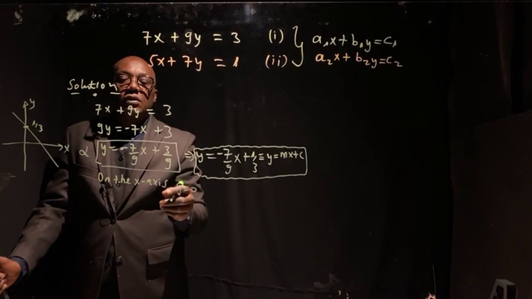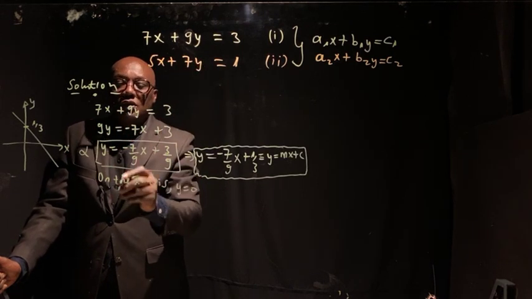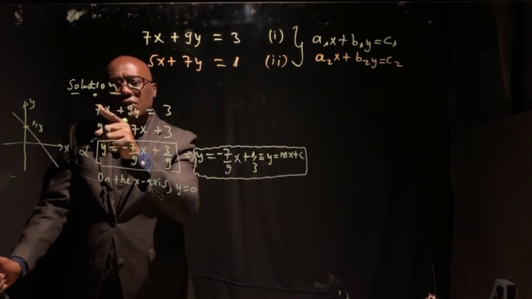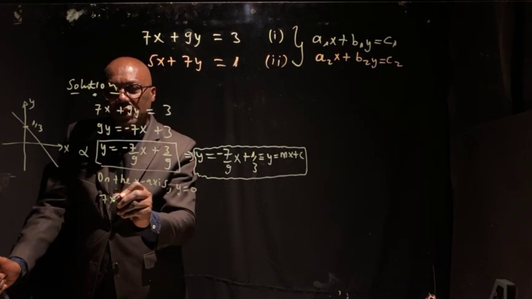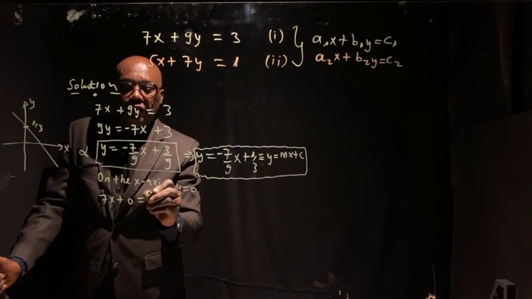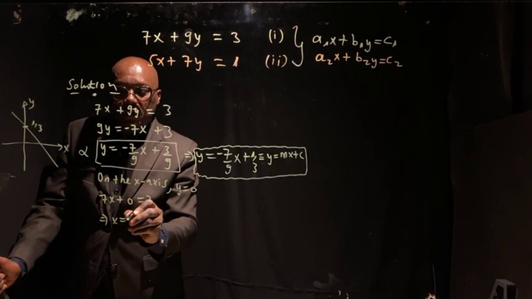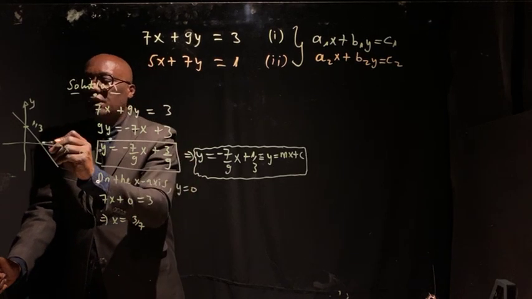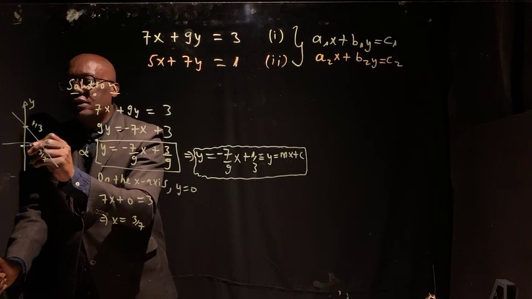When y equal to 0, let's choose this simple equation, this one. When y equals to 0, this 9y portion of the equation will be equal to 0. So we have 7x plus 9 multiplied by 0 will give us 0, goes to 3, which indicates that x equal to 3 over 7. So this point is 3 over 7, while this is the origin.